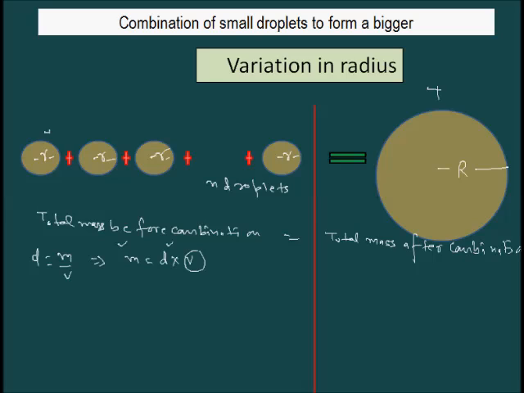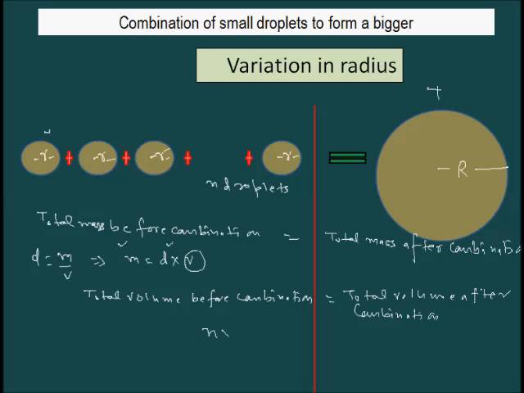So we can conclude that the total volume before combination is equal to the total volume after combination. Total volume before combination is n into the volume of one drop, that is n times 4 upon 3 pi r cube, and total volume after combination of the bigger drop is 4 upon 3 pi R cube.